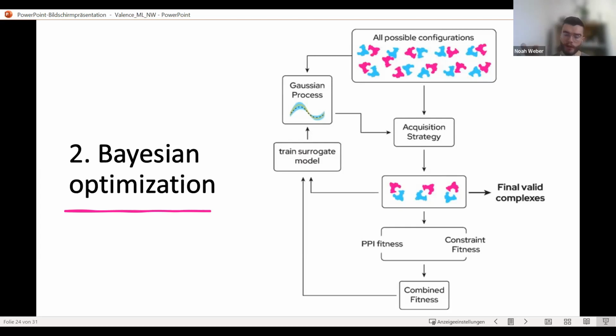And once we have this objective function, meaning these are the Y or the labels, as you may, and we have our data points, meaning our conformations, we use these X and Y points to train our surrogate model, which is a Gaussian process, such that we can quantify how certain or uncertain we are in a particular future conformation, right?